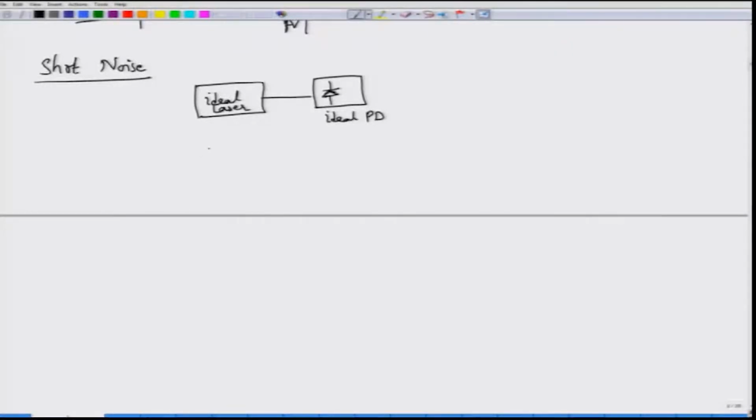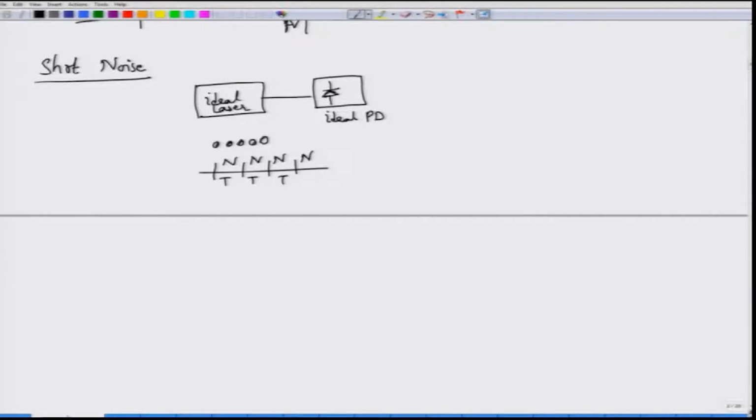But unfortunately that does not happen, because even an ideal laser operating above the threshold does not send photons in a regular manner. This is what you expect, each photon coming in, and therefore if you look at the time axis and divide it into intervals of duration t, you expect the number of photons to be the same in each interval.